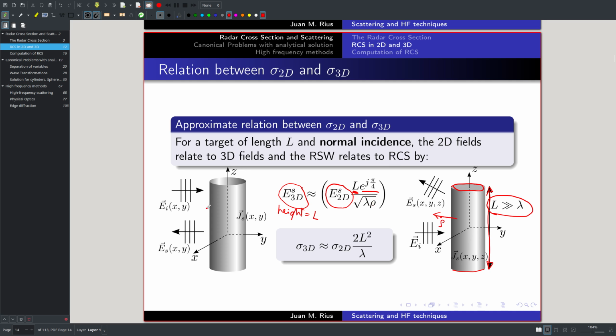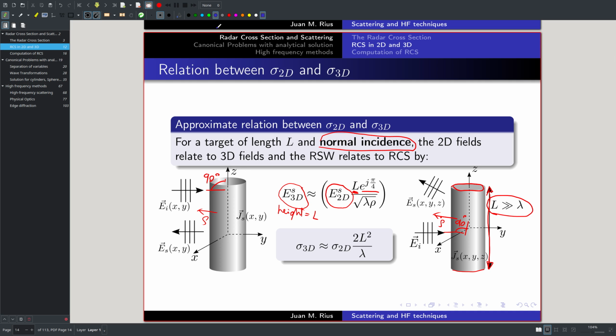Okay? And this is valid for normal incidence. This equation is valid for normal incidence. So we can see here that the incidence direction is at 90 degrees from the Z axis, that is the axis of the cylinder.